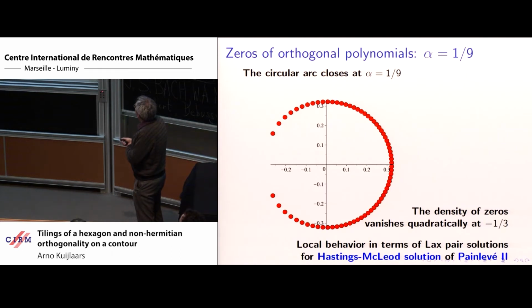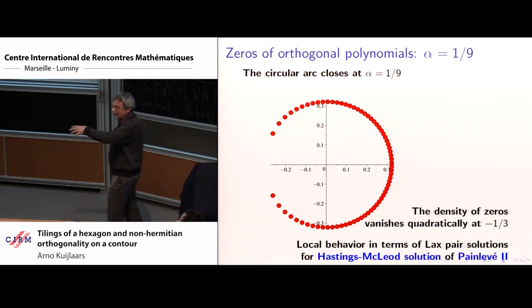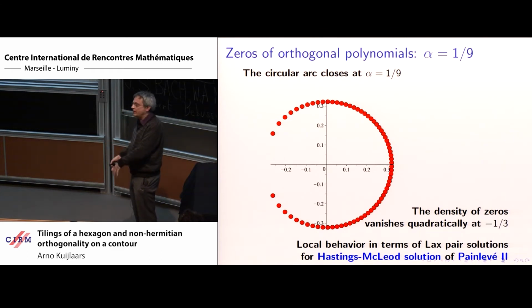And if alpha goes to this value 1 over 9, this circular arc will close up. And 1 over 9 is actually the critical value for this behavior of zeros, but also for the tiling model. Below 1 over 9 you have these two disjoint ellipses. So alpha is 1 over 9 is the critical value, but you see it also already in the zeros of the polynomials.